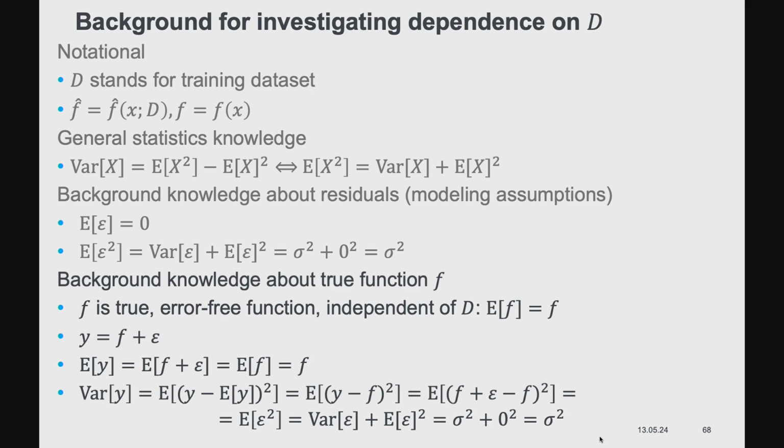Now, the variance of y, and again, we can look up here, is the expected value of, this is just a slightly different notation than up there, y minus the expected value of y, squared, or y minus f squared, and this is f plus epsilon, which is our y, minus f squared.